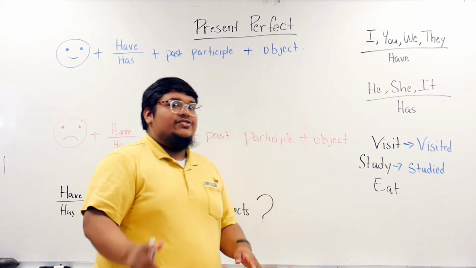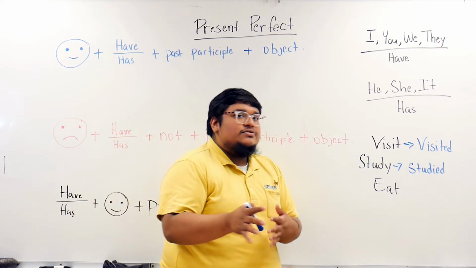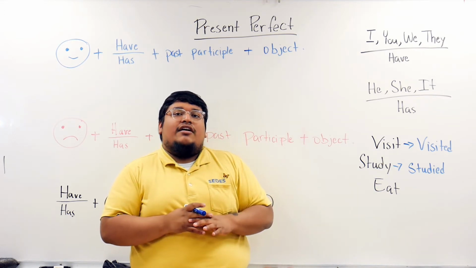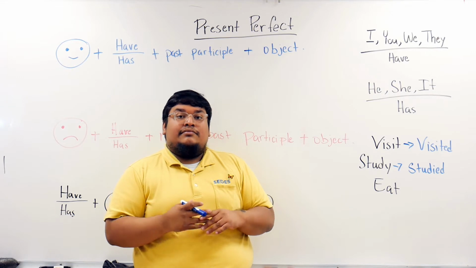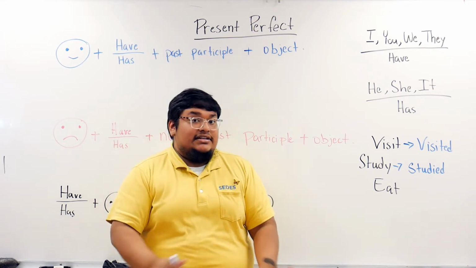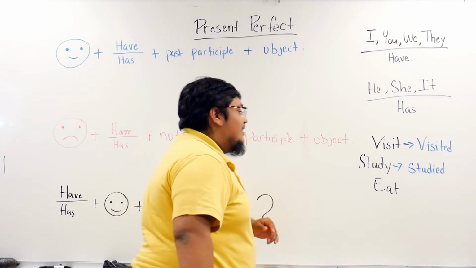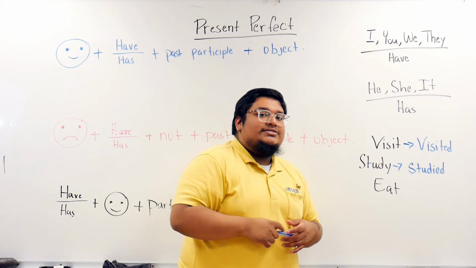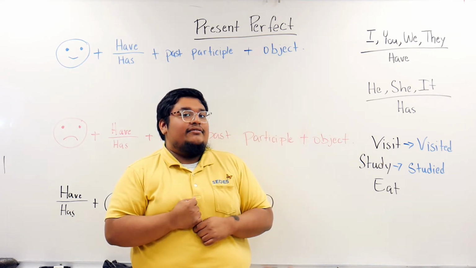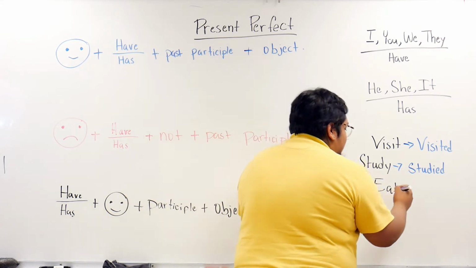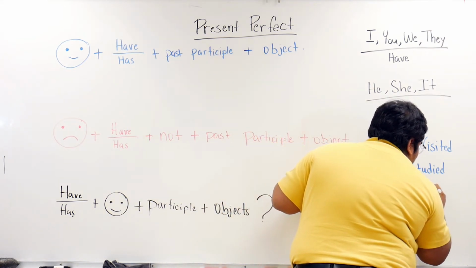Now, when we get to irregular verbs, that's when you have to be a little bit careful, okay? Because there are some words that are going to be the same in the present as you would use in the past. And sometimes they change, like the word eat, okay? So the word eat, in the past, you would say ate, but that's not the past participle. The past participle for eat is the word eaten.